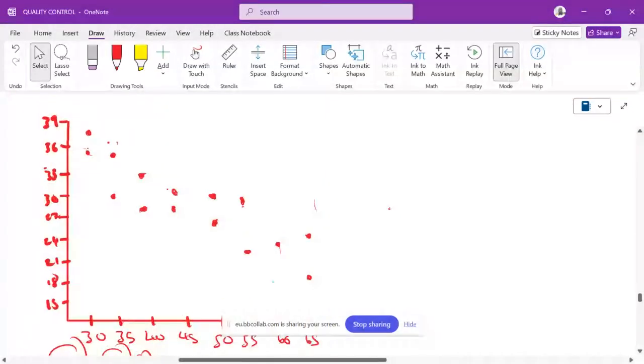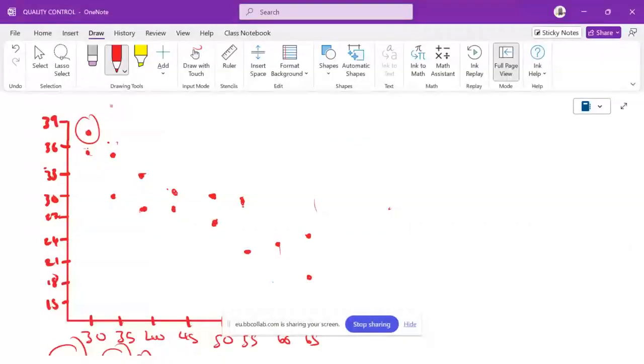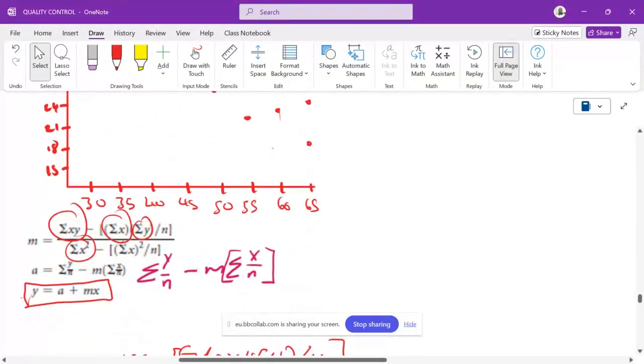My rule is I would take the first value here as my x, which is 30. So x is 30.